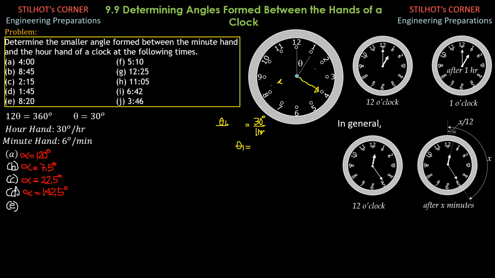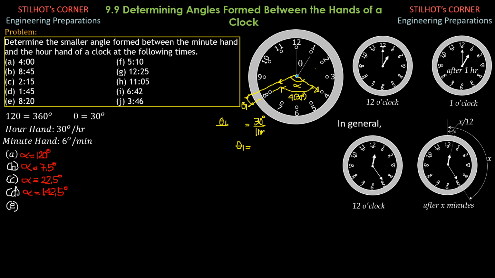So it is somewhere here, and this is alpha. And I'll call this theta 1. From this position to that position, that's 1, 2, 3, 4. So this is again 4 times 30 degrees. Then plus theta 1. So alpha is 4 times 30 degrees plus theta 1.